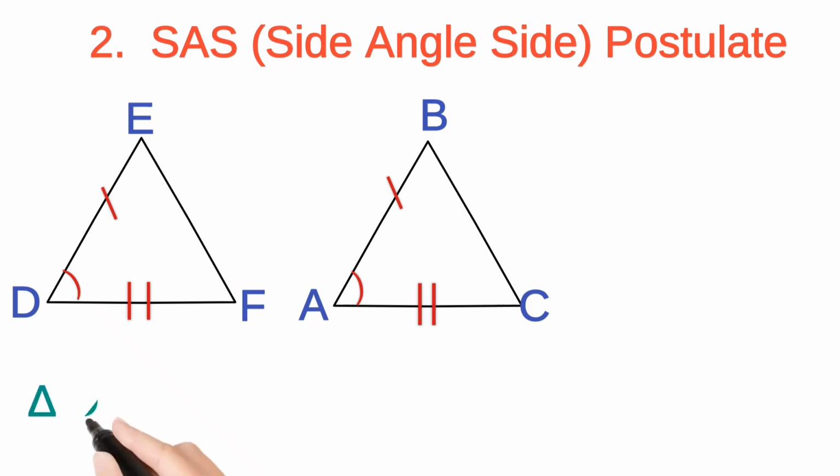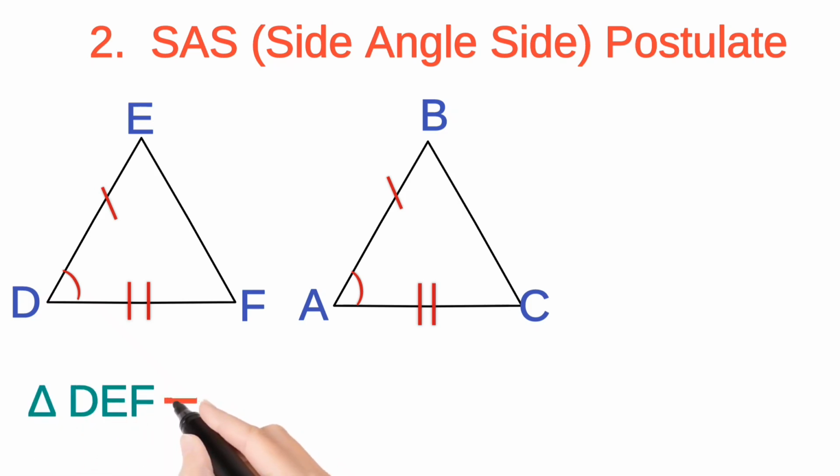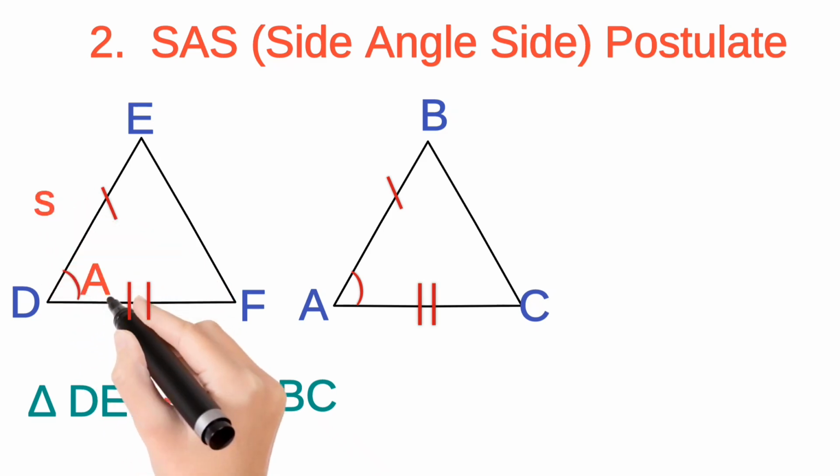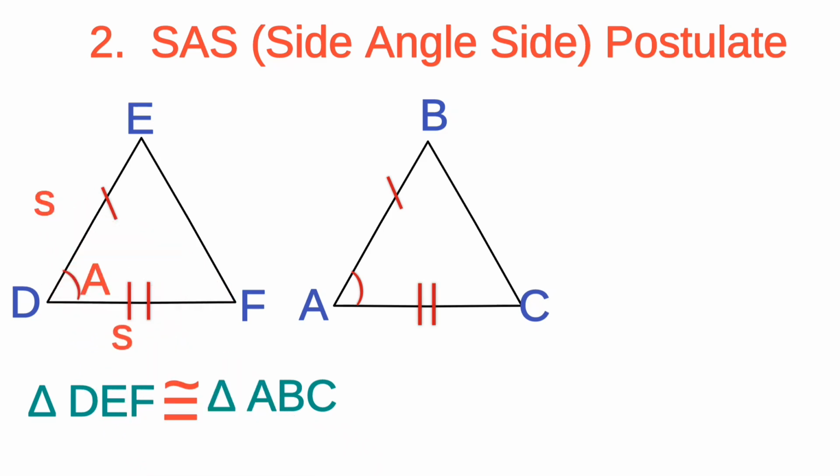That is, triangle DEF is congruent to triangle ABC. And the postulate that proves that these two triangles are congruent is what we call SAS postulate.